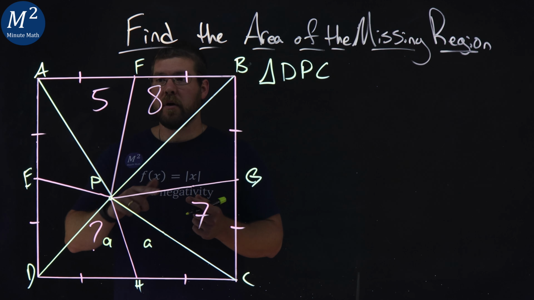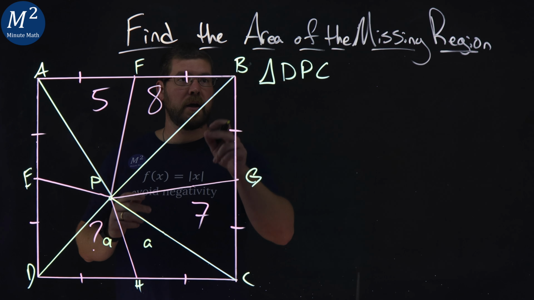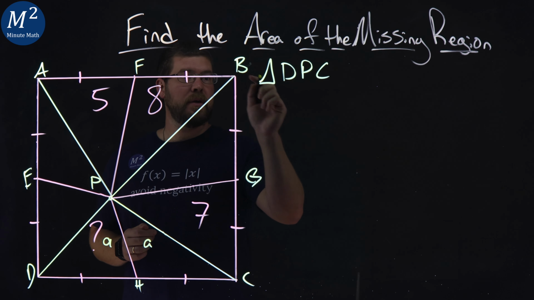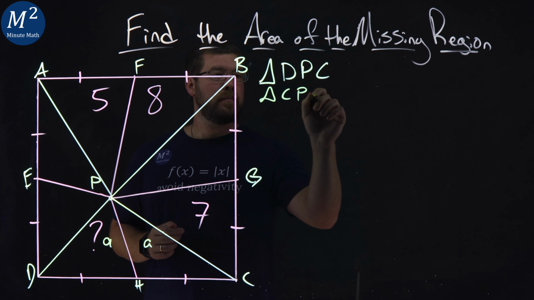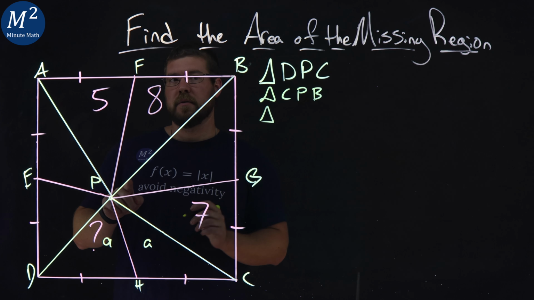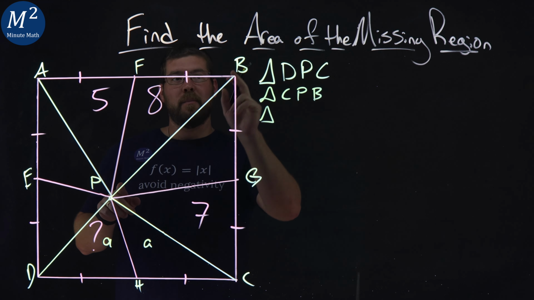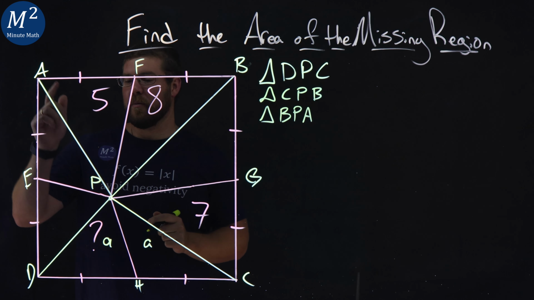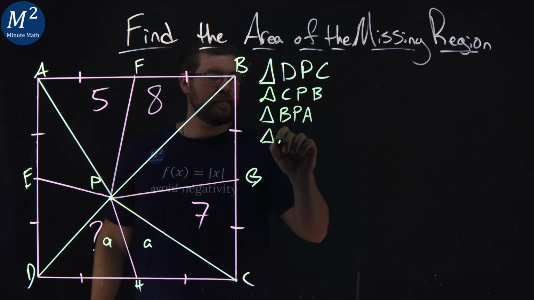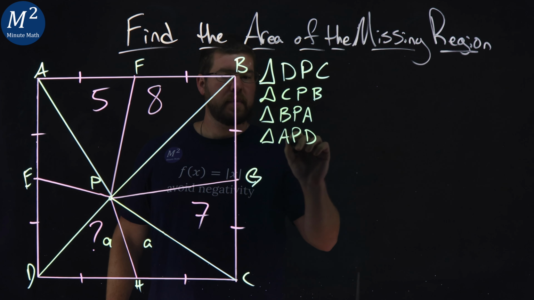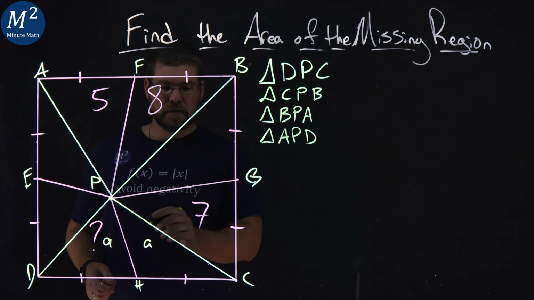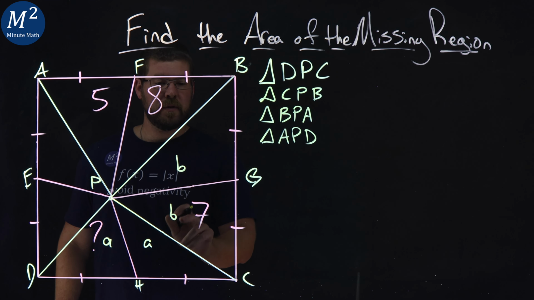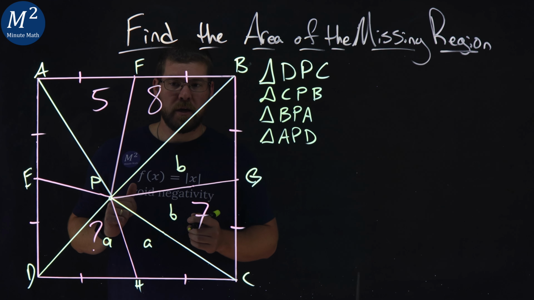I'm going to repeat this process for all the other bigger triangles. We have triangle CPB, triangle BPA, and the other one, APD. So with that, let's just go around our letters. We have this area and this one, letter b, they're going to be equal.